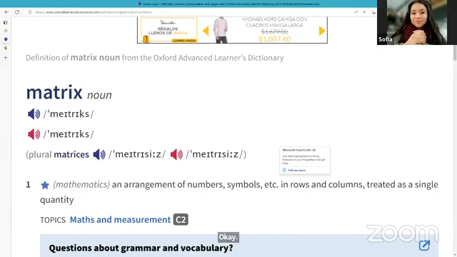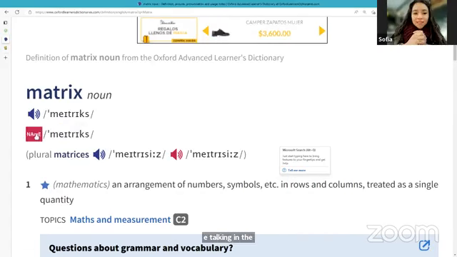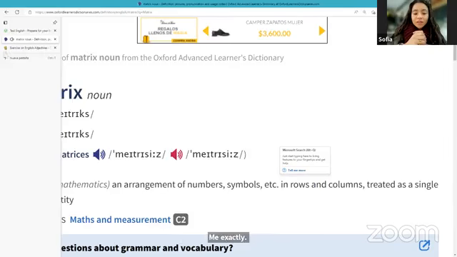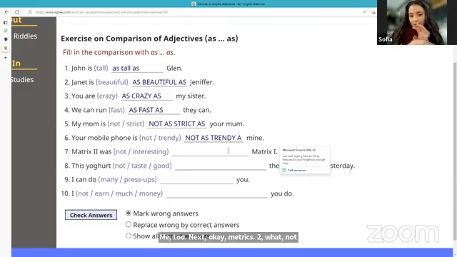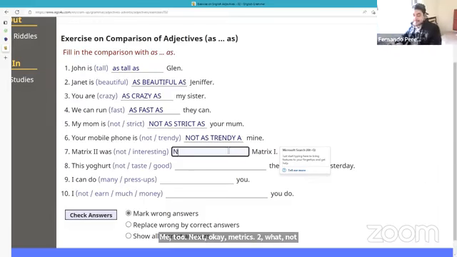Matrix. Exactly. Matrix. Matrix. Okay. Matrix 2 was not as interesting as Matrix 1. Exactly. Yes, of course. Not as interesting.